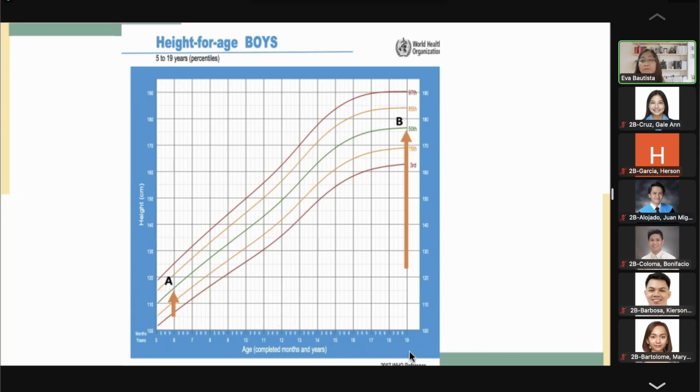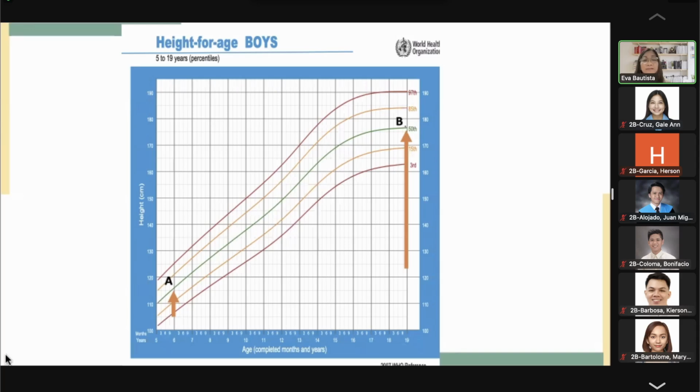We look at 18 or 19 years of age at the same percentile. This is 50th percentile. What is the height? At 50th percentile, it will be around 175 centimeters. So I can predict that my nephew or niece, when he or she reaches the age of 19, if he or she is now 6 years old, then she will be 175 centimeters. Mataas, di ba? Okay, that's it.